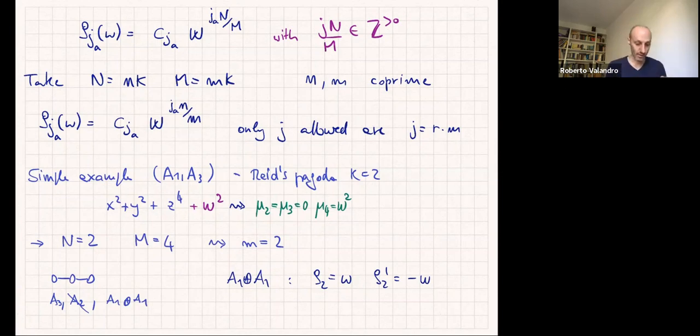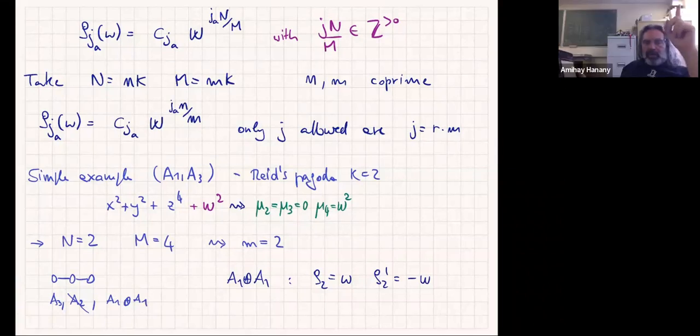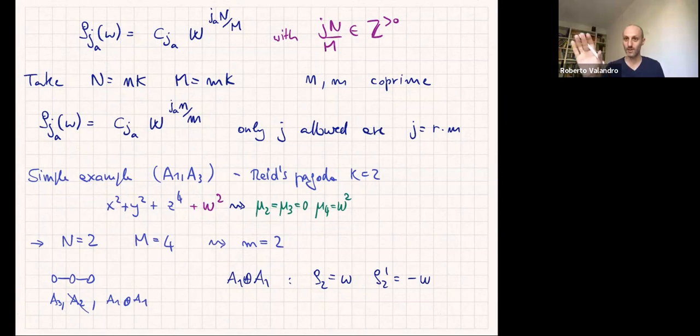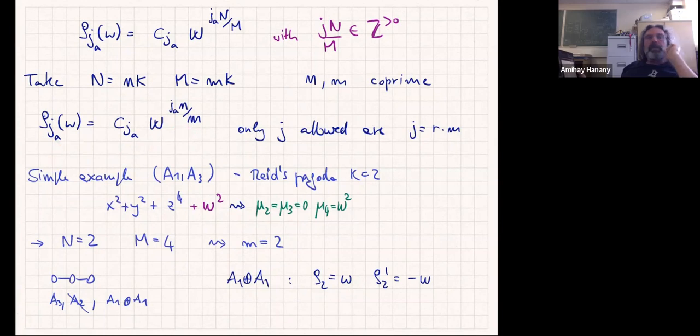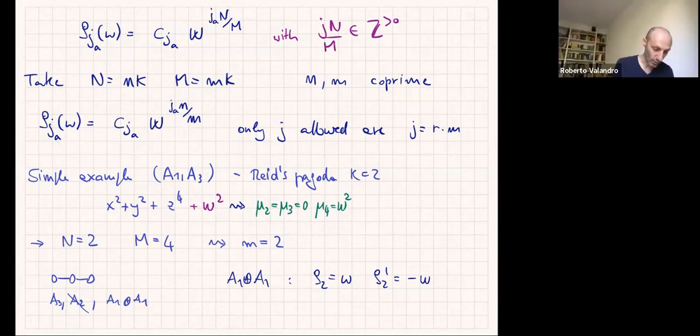Okay, now since mu3 must be equal to 0. Why is that? Let me say it a different way. Now, we know that if we take rho to be of degree odd, this will not be holomorphic in W. Because for this choice we have 1 and 2, so we have J over 2.